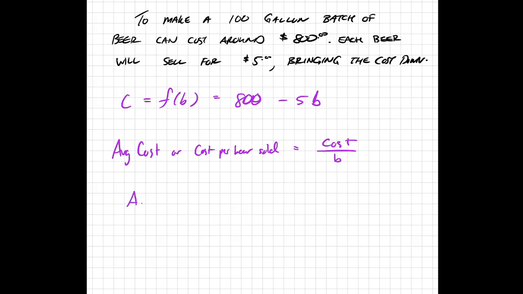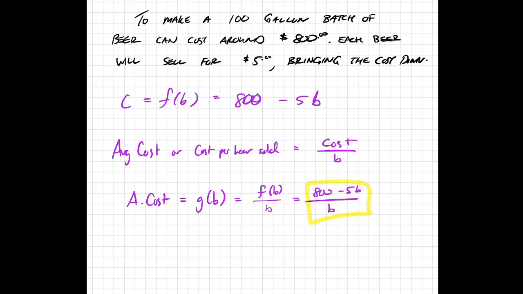So here, that average cost is going to be some function of b, which is f of b over b, which is 800 minus 5b all over b. So see how we're taking the total cost and dividing by the number that we've sold. That's how we take averages. Same with your average test score, right? Total test score over the number of tests you take.